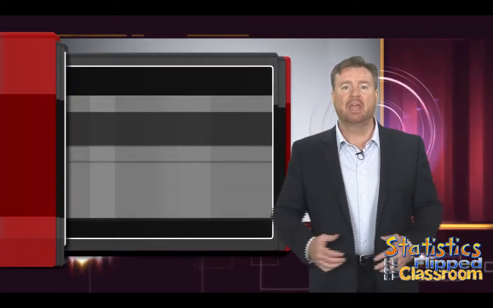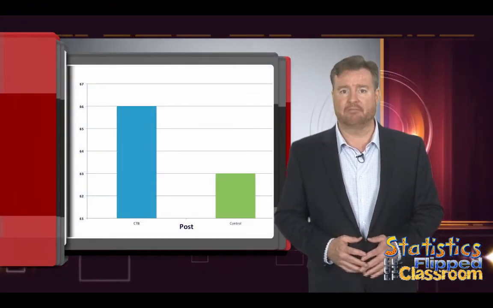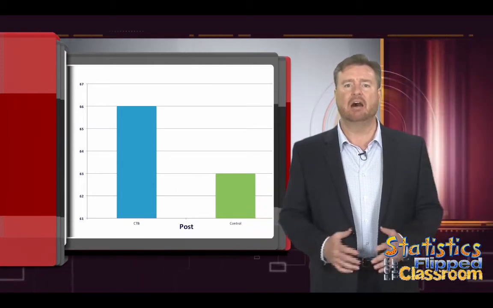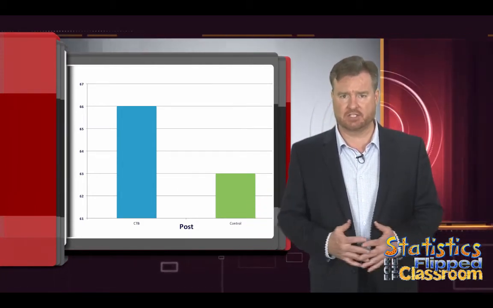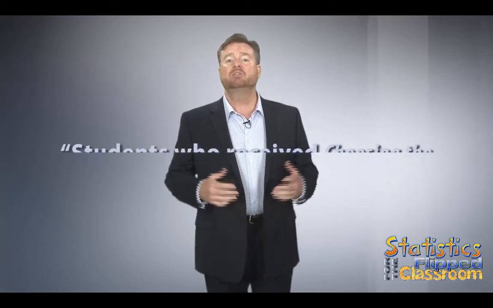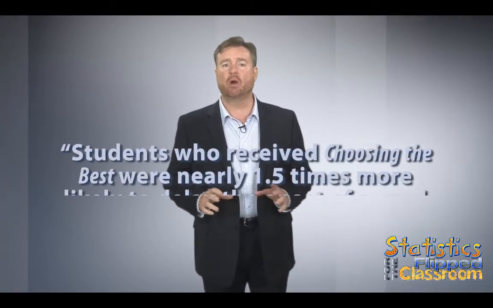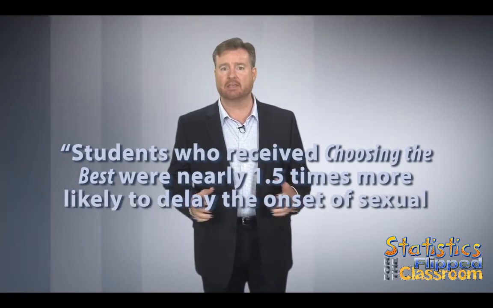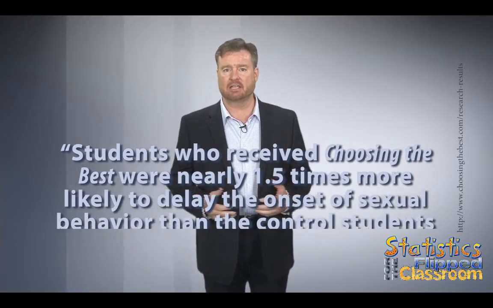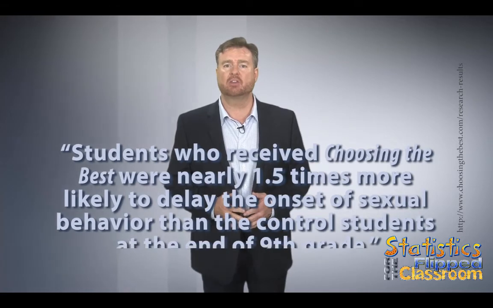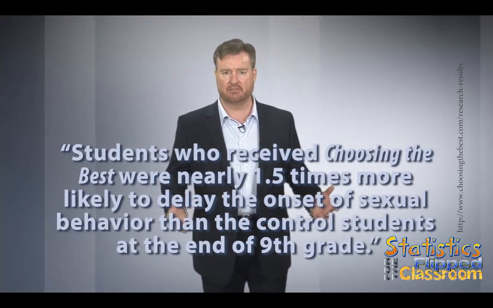For example, here is a bar graph showing the effectiveness of an abstinence-only sex education program. In their promotional literature, the vendors for this curriculum for public school claimed that students who received Choosing the Best were nearly 1.5 times more likely to delay the onset of sexual behavior than the control students at the end of 9th grade.